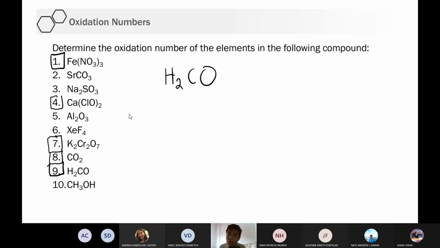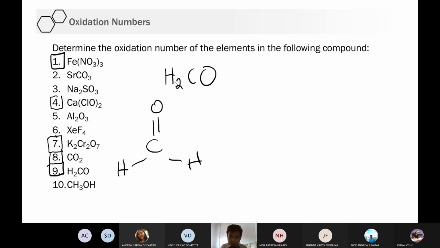Ano to? This is formaldehyde. Ito yung ginagamit sa pang-embalsa. Okay, formaldehyde. Its Lewis structure is this.